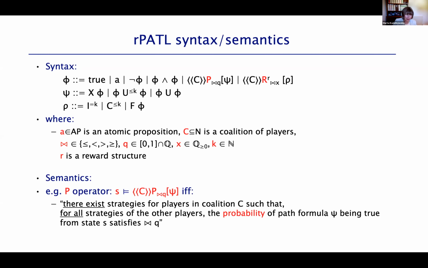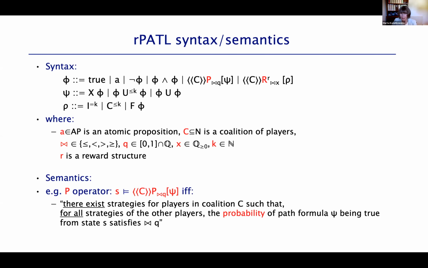For background noise. Okay, so for the P operator, what the semantics is saying, this is a state property. In that state S, this coalition C, P bow tie Q, the bow tie stands for a comparison operator, and Q is a probability value, and psi is an LTL path formula.